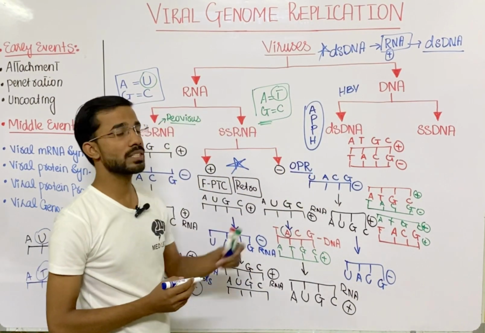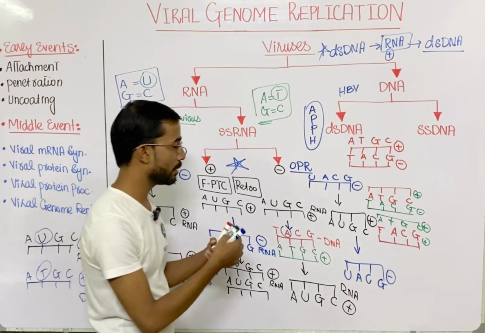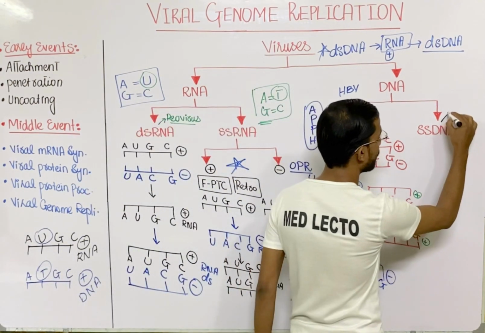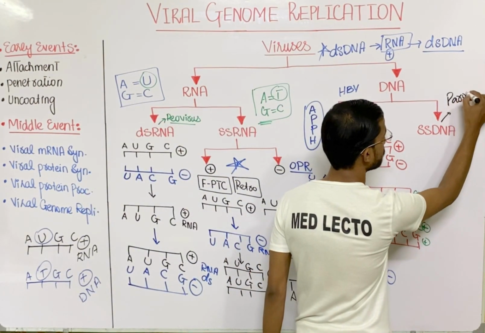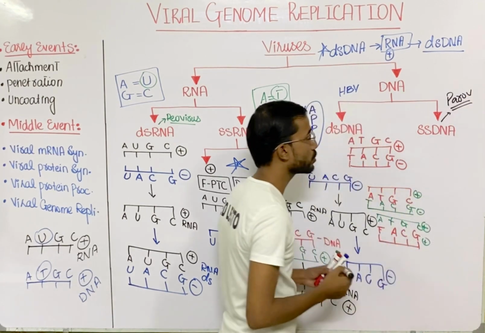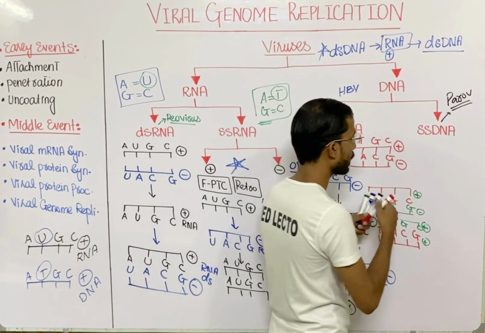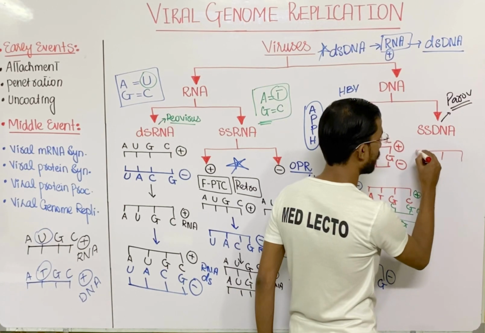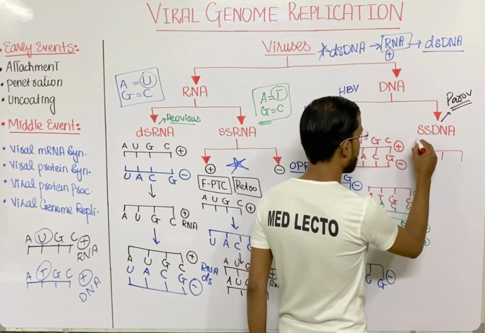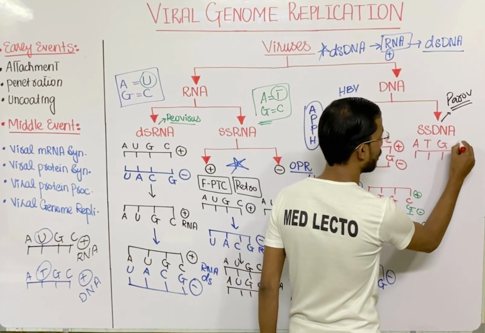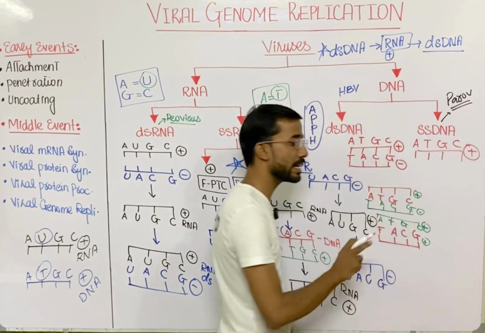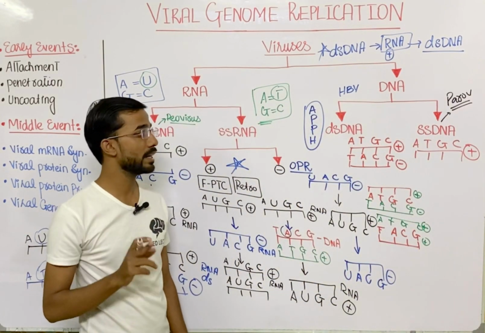Next is the single-stranded DNA, and the most important example is the parvovirus B19. So here, if I say ATGC, now this is the positive polarity single stranded DNA.